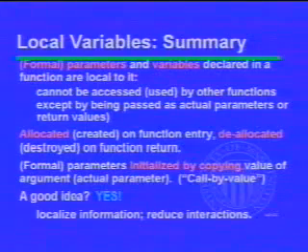The system doesn't find or allocate memory space for them until that function is called. Then it finds space, we call that allocation. The function can use that memory space for those local things. But as soon as the function returns, that variable space is given back. It's not needed anymore because the function is out of execution. And we'll see that in the trace that we're going to do shortly.